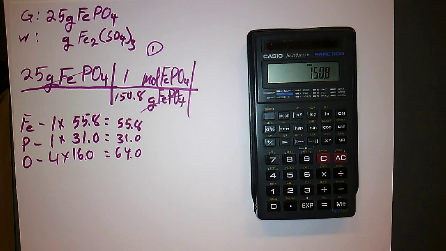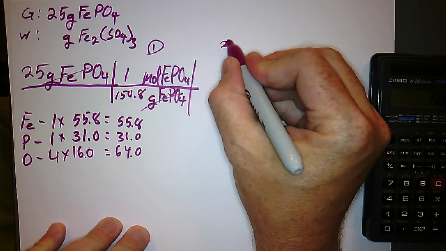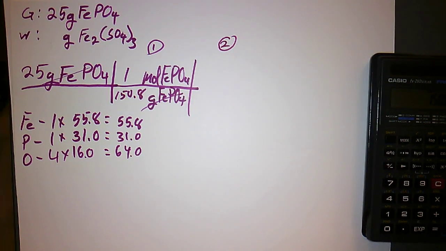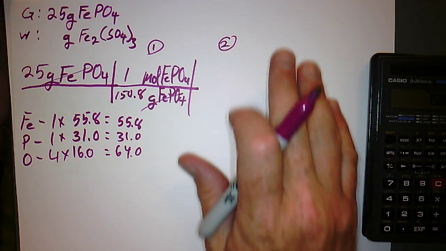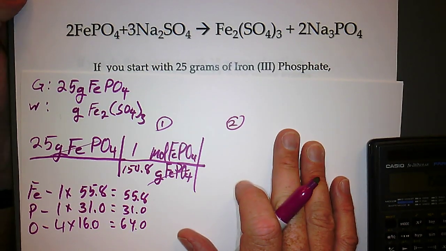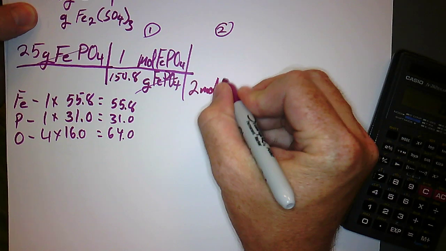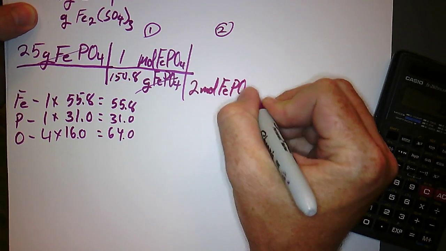Okay. All right, now, the next step is the mole to mole step, right? So if I have moles FePO4 on the top here, where does it go on the next step? Bottom. I'm going to scroll down. From our balanced equation, how many moles of FePO4? 2, because of the 2 as a coefficient. So 2 moles FePO4.